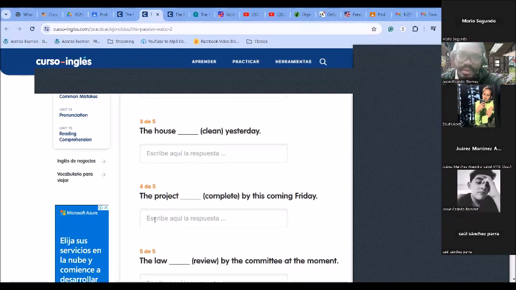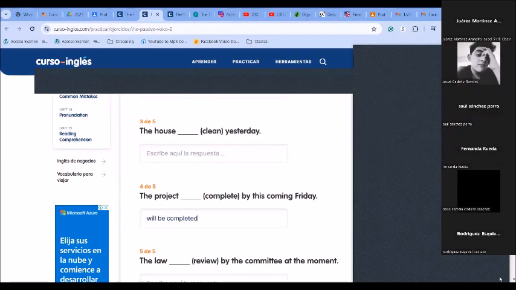Future. So what do we use for future? Will be completed. Again, the project will be completed by this coming Friday. Good. All right, let's go back to number 4.